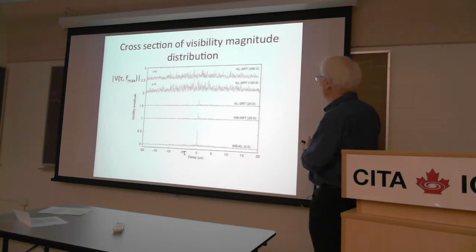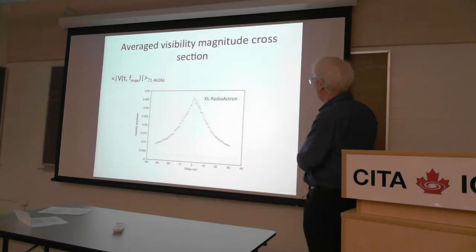And the other was where we averaged all these scans for a particular baseline and then came up with this particular visibility amplitude as a function of delay. And so this is just an example. So there are two different approaches. Basically, this should give smaller values, particularly for the long baselines, of course.